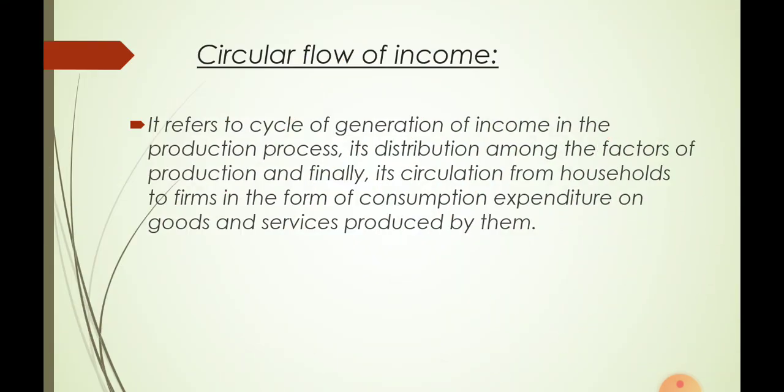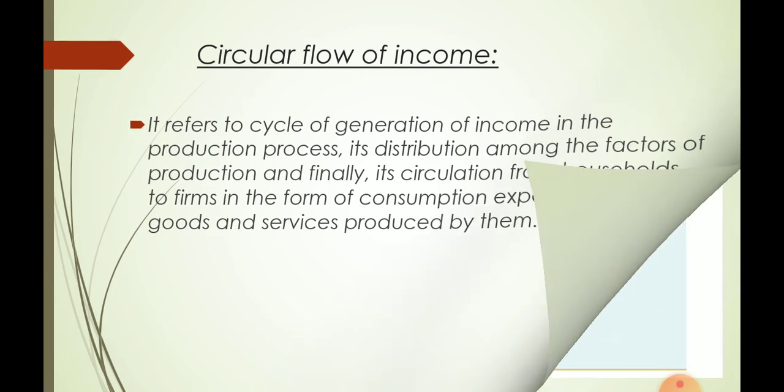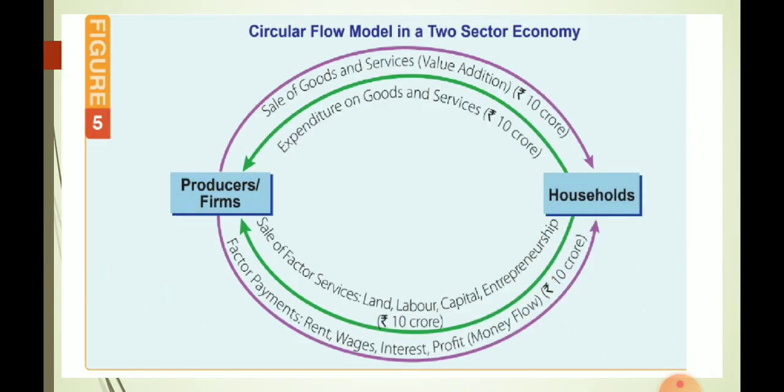Now, the meaning of circular flow of income. It refers to the cycle of generation of income in the production process, then its distribution among the factors of production, and finally its circulation from households to firms in the form of consumption expenditure on goods and services produced by them. Its explanation with this diagram.